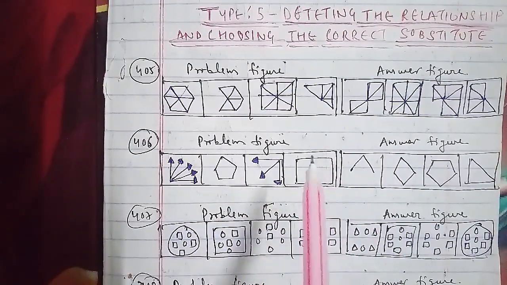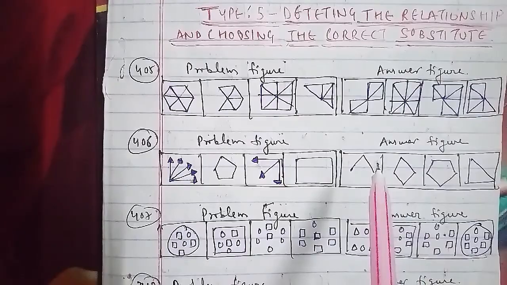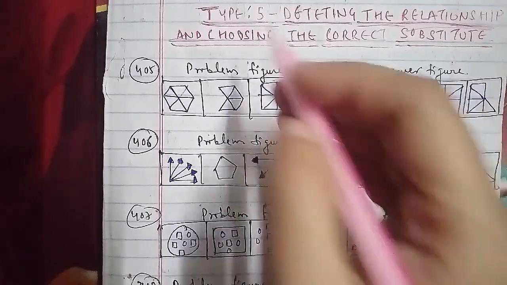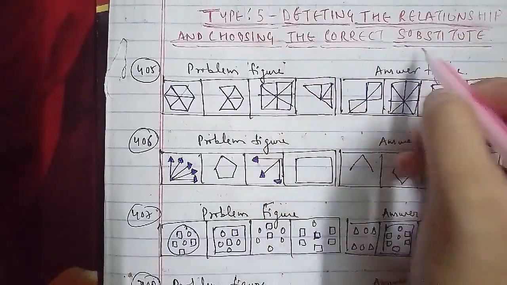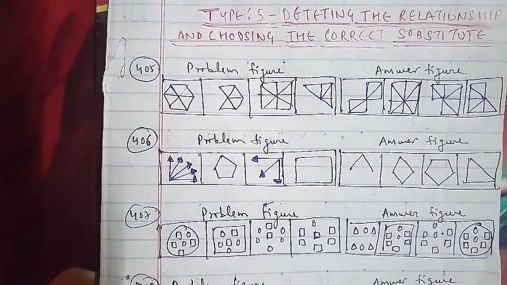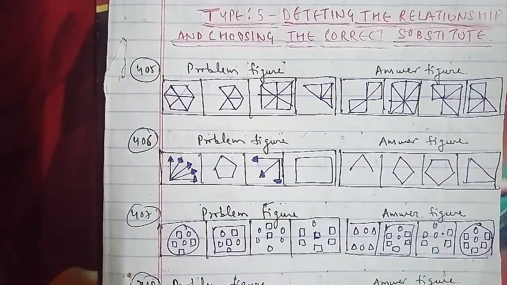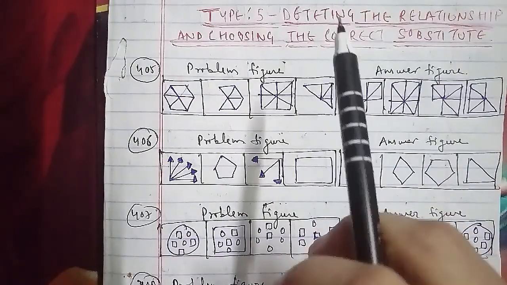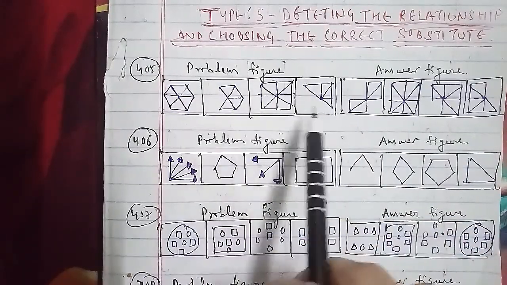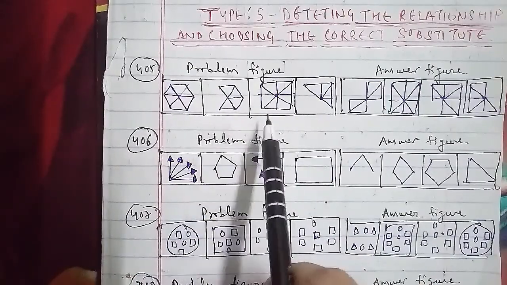Now we'll start with type 5, which is detecting the relationship and choosing the correct substitute, as I told you, which we have to cover in this pattern. As you can see here, in this type the question contains figures A, B, C and D in capital letters in a problem set, and the figures from the answer set are named 1, 2, 3, 4.